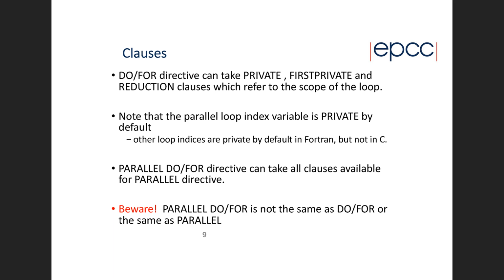So for example, if you have a parallel region and then you put a parallel do inside it instead of a do, then you will not get the behavior that you wanted. It's legitimate OpenMP.